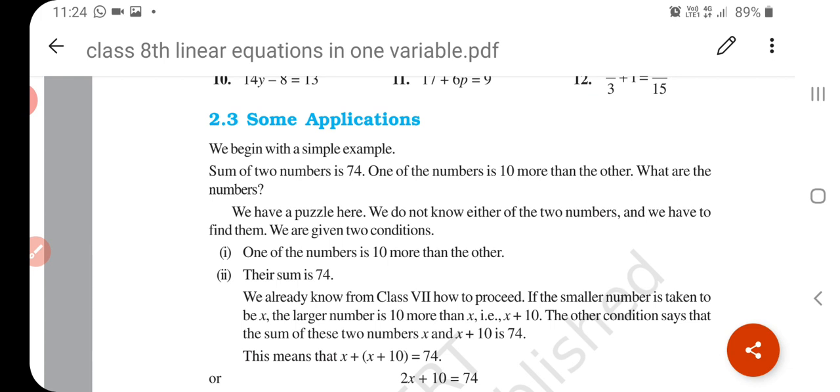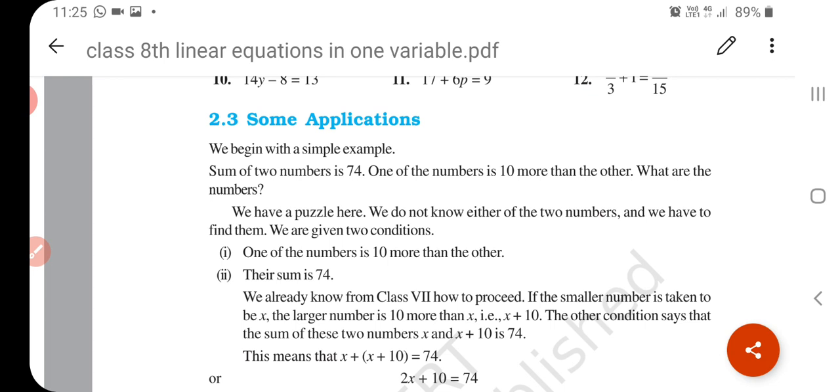Understand? And on transposition, multiplication from LHS to RHS, the sign will get changed to division, and on transposition of division from LHS to RHS, the sign will get changed to multiplication. Understand? Okay, so this is the main point you have to remember.